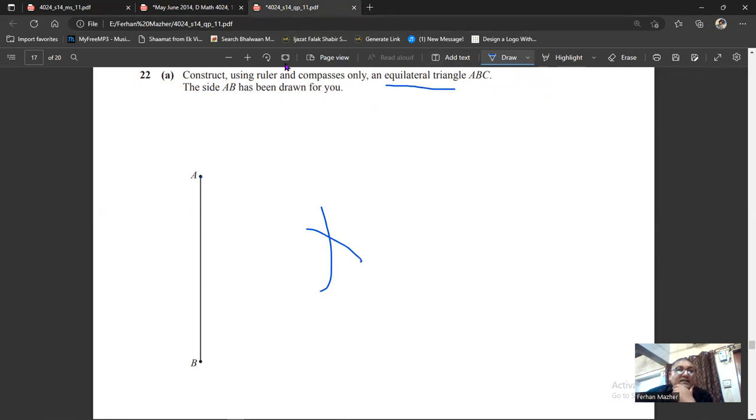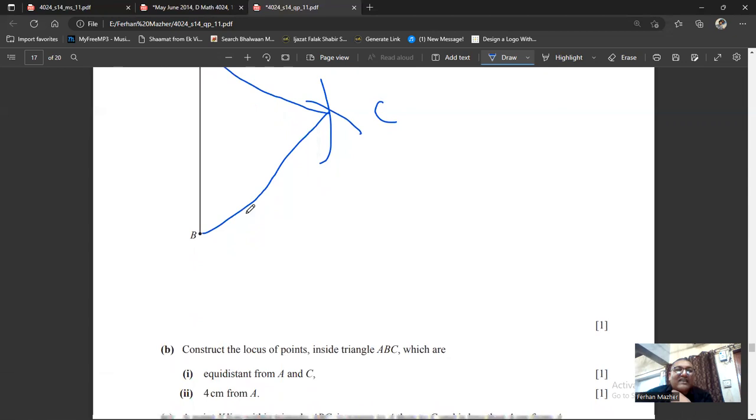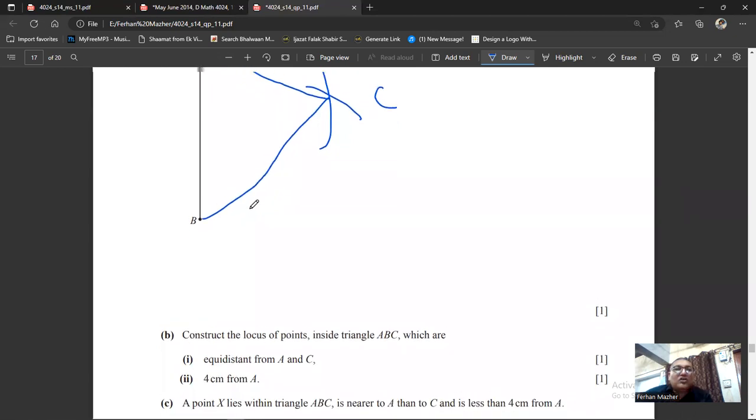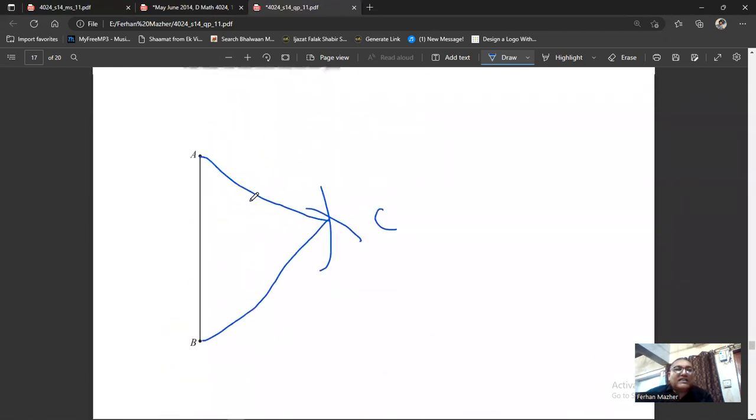Then just join this with a straight line. Okay, so this is point C. This is how you will draw that triangle ABC. Okay, so that's the A part.